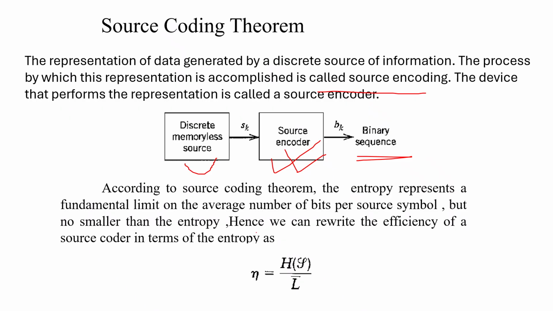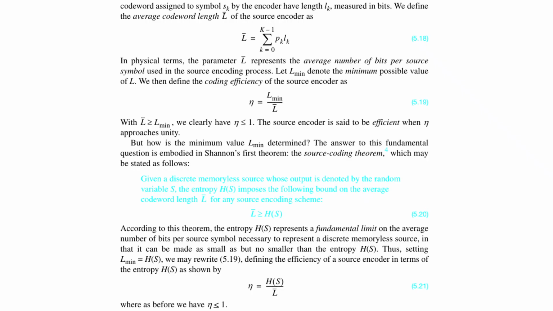And for that we can find out the efficiency for different source coding techniques. The efficiency, we can find, eta is equal to H of S, that is entropy, how to find which we have already discussed, divided by the code word length, that is how many bits we are going to use to encode that particular information. So here is some more detail about the code word.